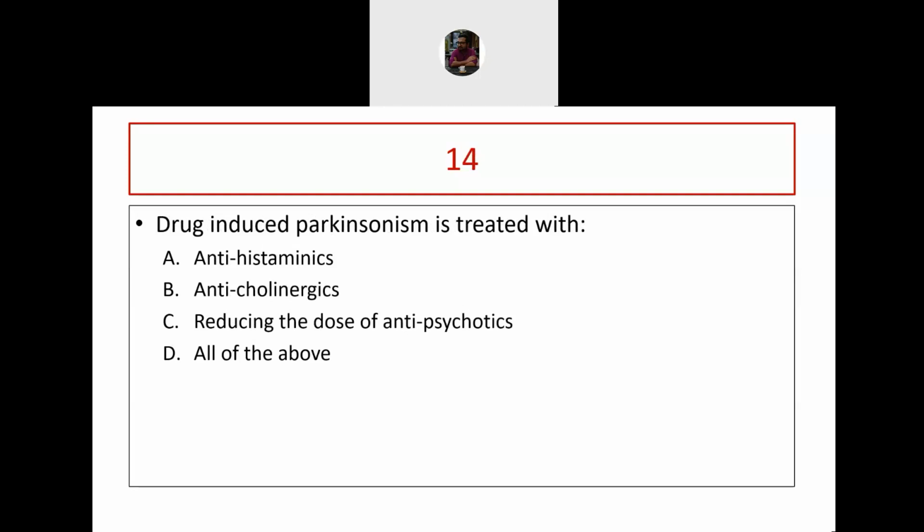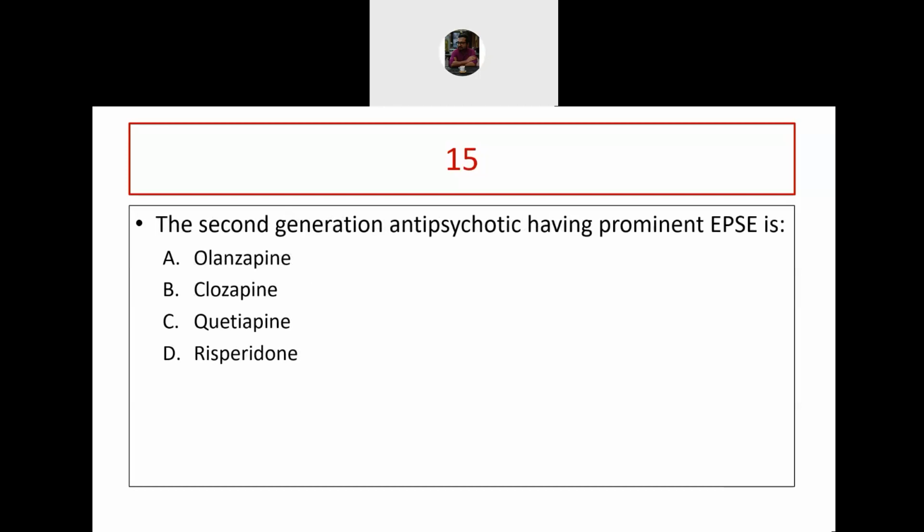Very good. The answer is all of the above. And the last question. The second generation antipsychotic having prominent extrapyramidal side effect. Yes, very good. The answer is D, risperidone.